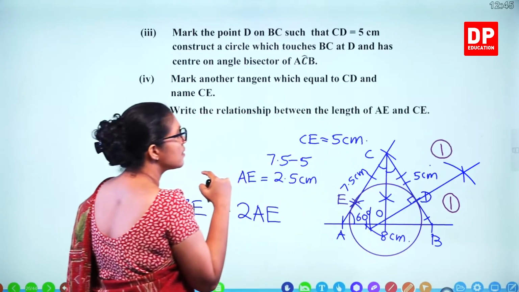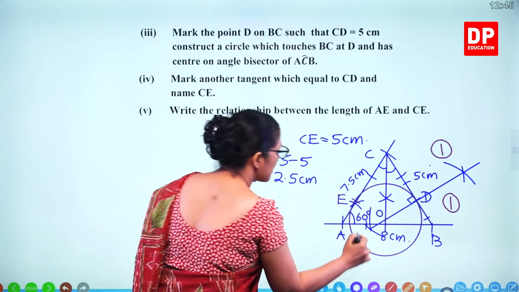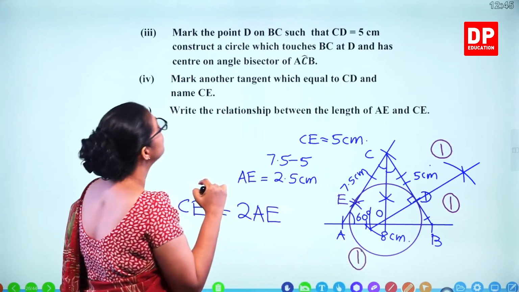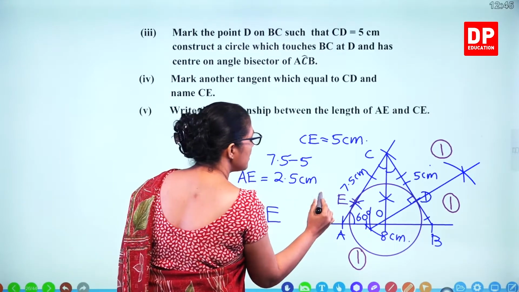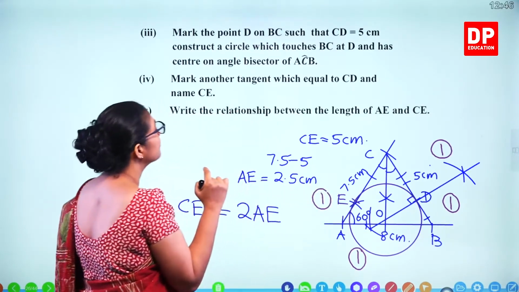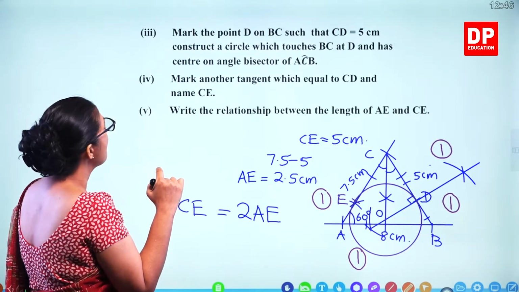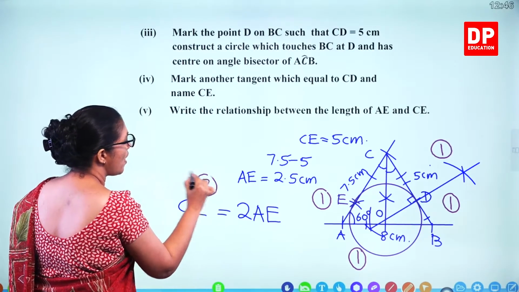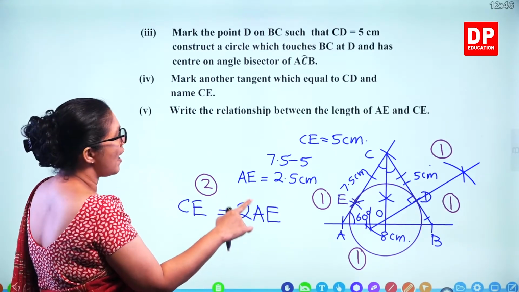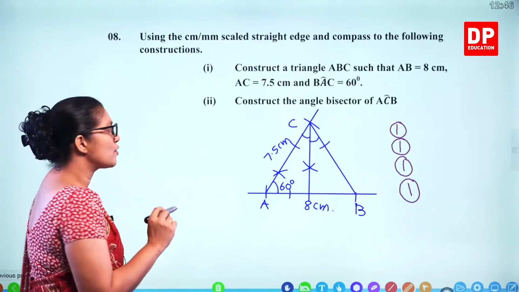That's 1 mark, 6 altogether. And drawing the circle, 7. And marking the E point, that's 8. And then finding the relationship, that's 2 marks. So 10 marks for that question.